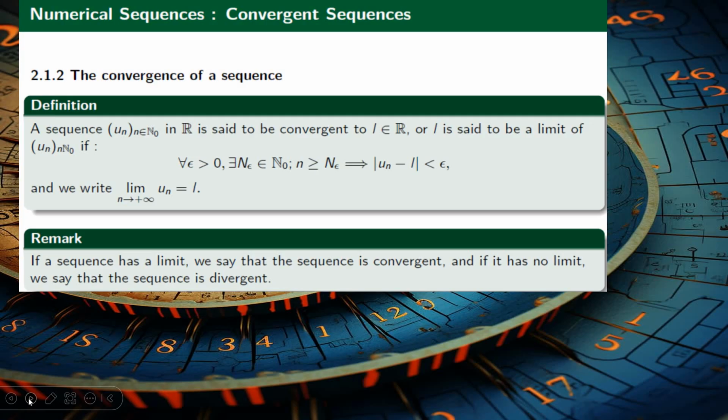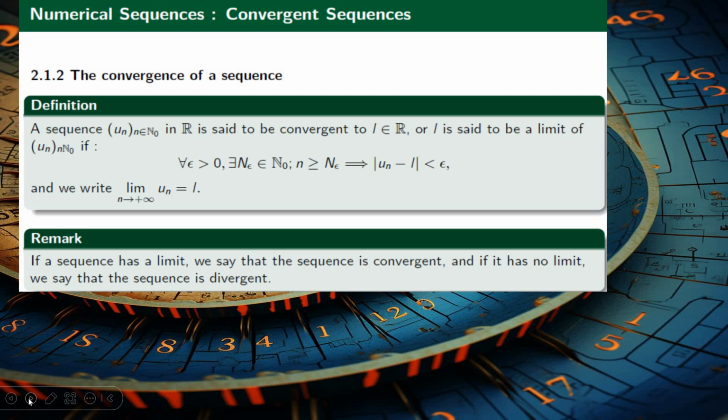And we write the limit of un when n tends to plus infinity equals L. If the limit of the sequence does not exist or is equal to infinity, then this sequence is not convergent, it is divergent.